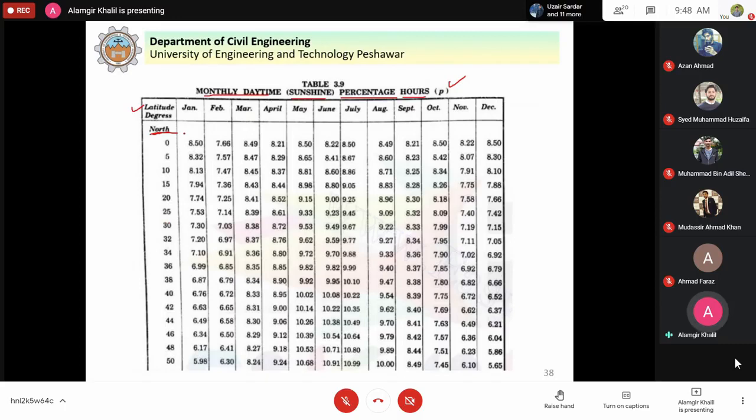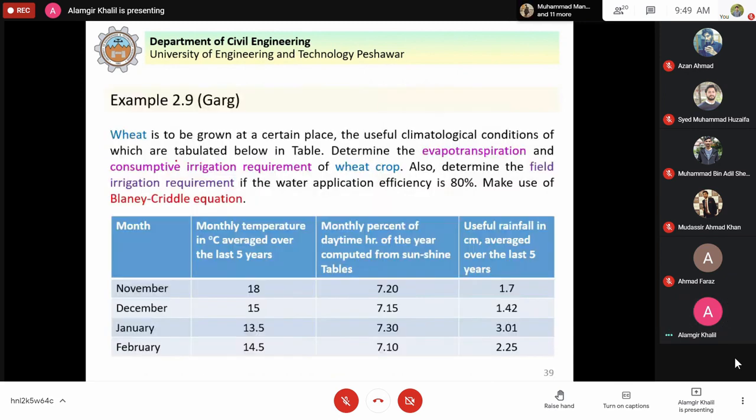For this location, for all the months from January to December, you can see the P value, the monthly daytime sunshine percentage hours. So we can pick the value from here and put it in the Blaney-Criddle equation to estimate the consumptive use for the crops. Let us solve a problem on this.